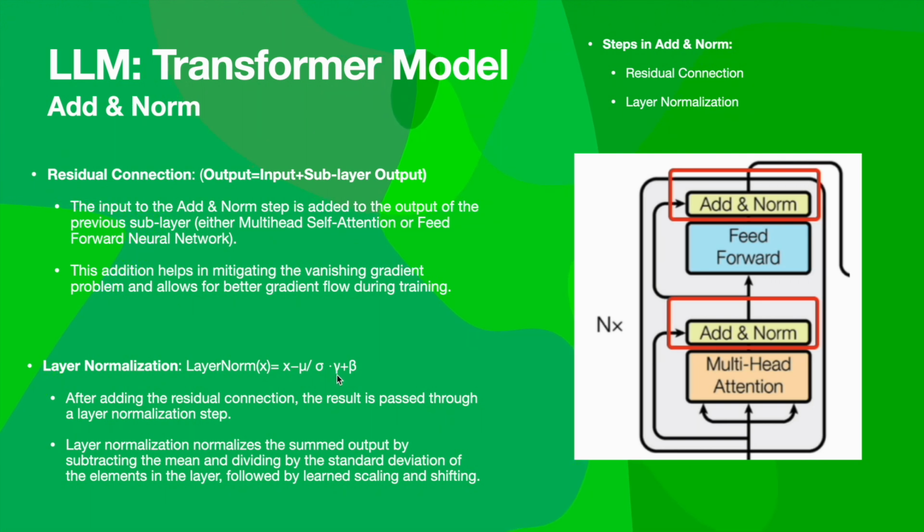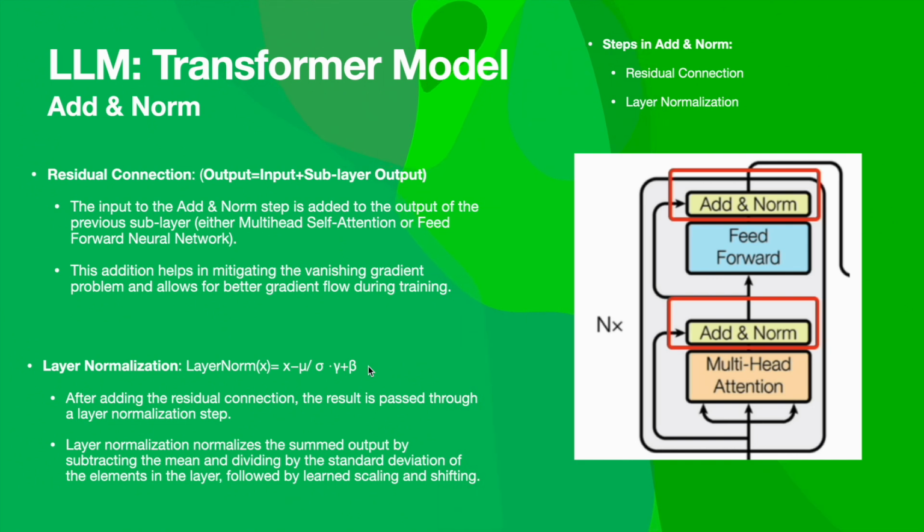Gamma is the scaling factor, and beta is the shifting factor, so that you have regular scaling of your input data, and during backpropagation while updating your weights, your model will not suffer from the vanishing gradient problem.